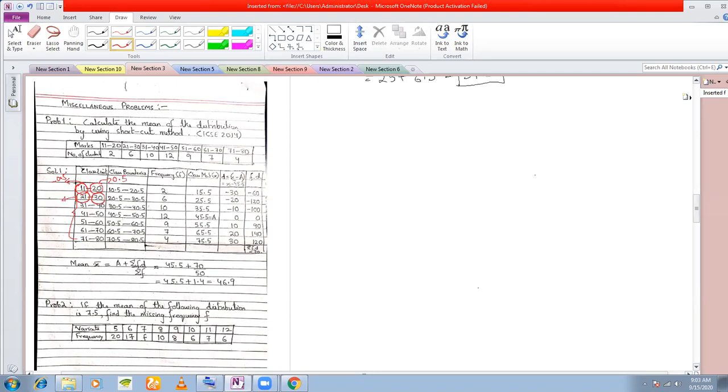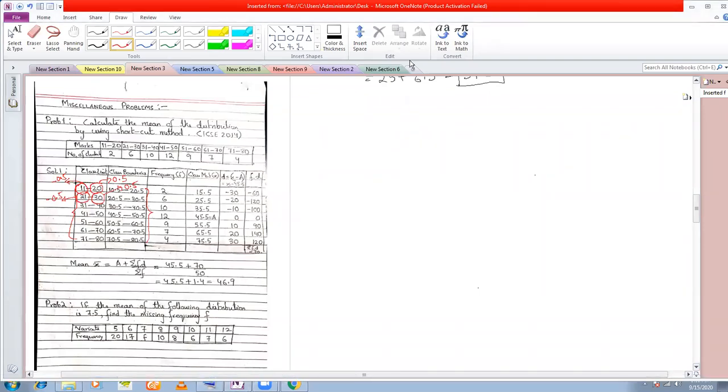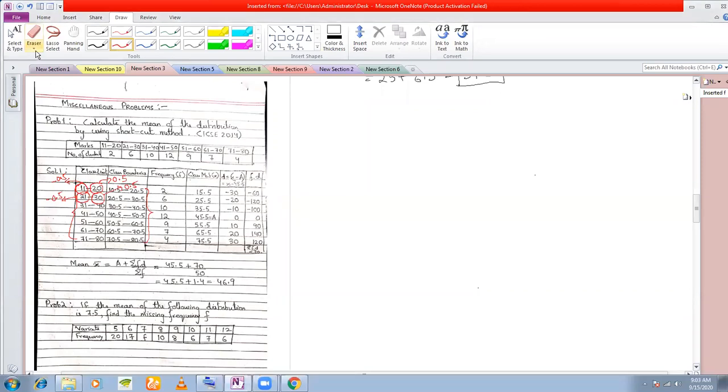Here we are subtracting 0.5 and here we are adding 0.5, to get the corresponding class boundary. We do it for each and every class limit to get all the corresponding class boundaries.